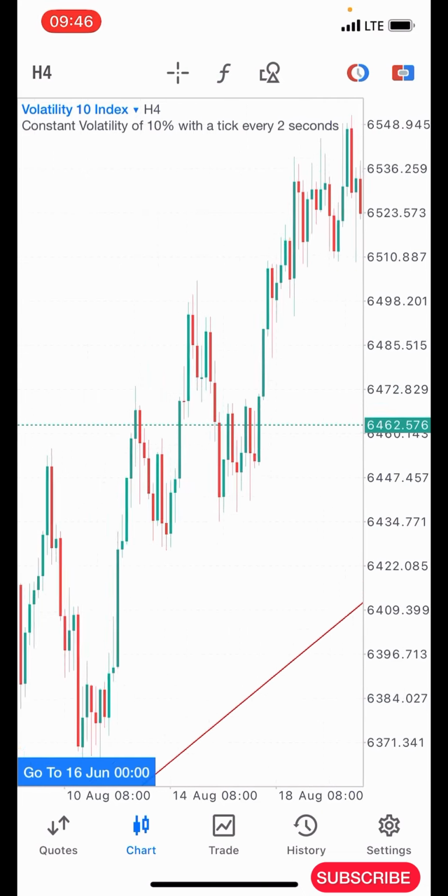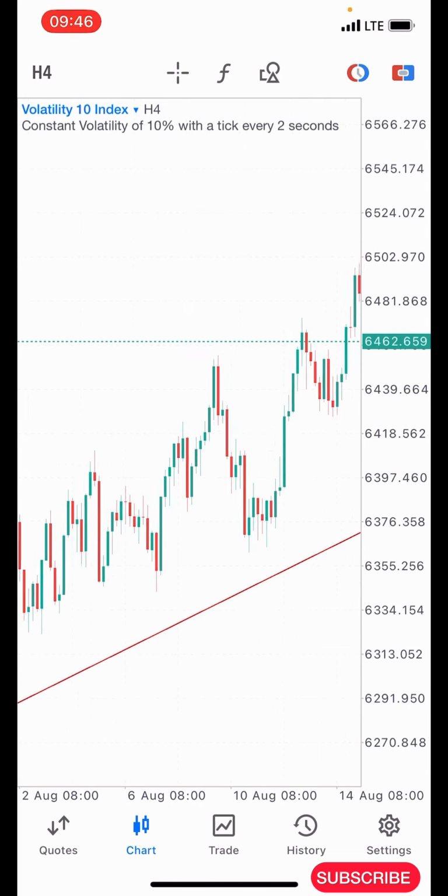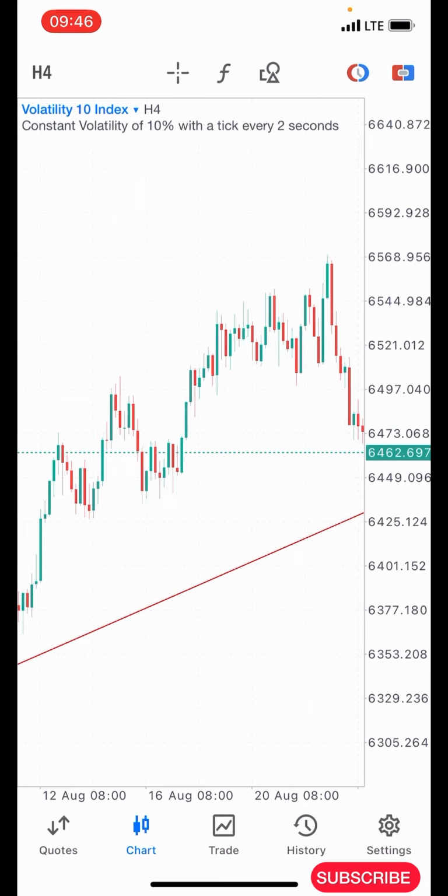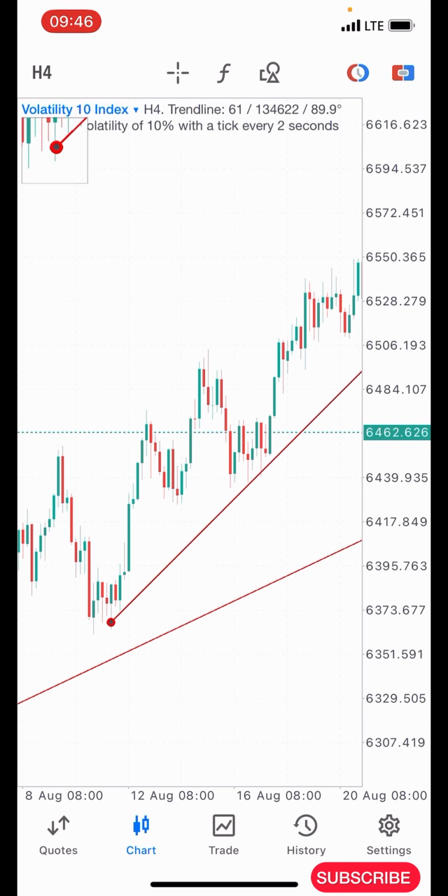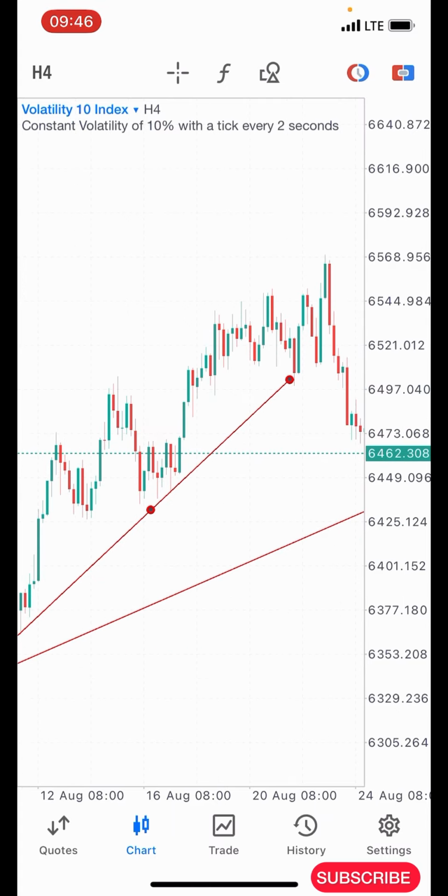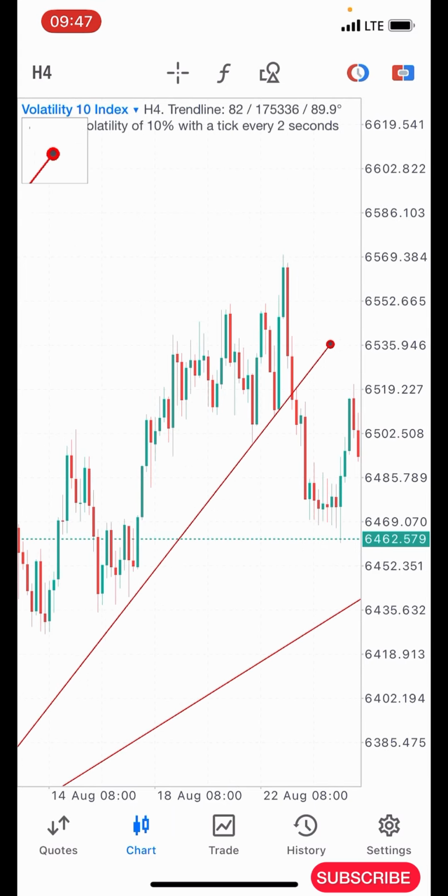So what I did was that I stepped down to the 4-hour time frame. Here again on the 4-hour time frame, I still put in some trend line, okay? I put in some trend line again so that I can work with it on the lower time frame. Right, so I marked my trend line here again on the 4-hour time frame.